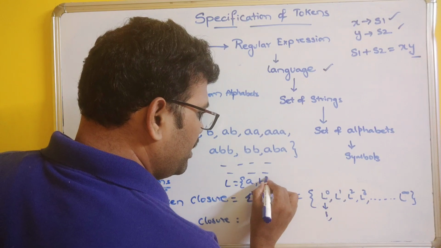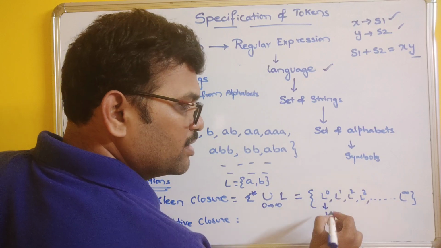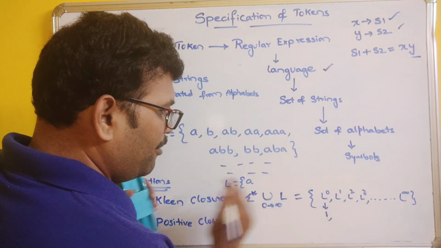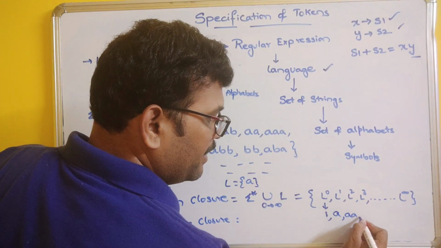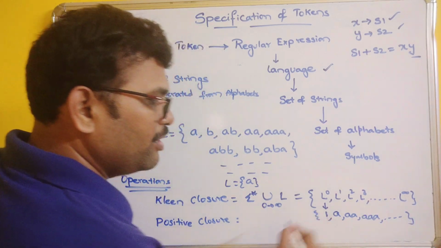If L has the alphabets A, B, then all these are the different unions. Or if you consider it as A for simplification, it will be A and so on. This will be the clean closure.